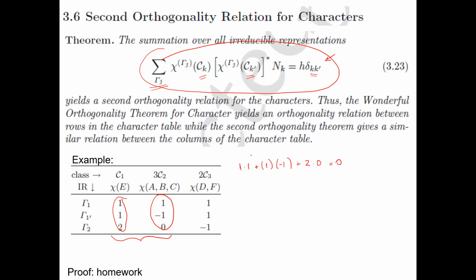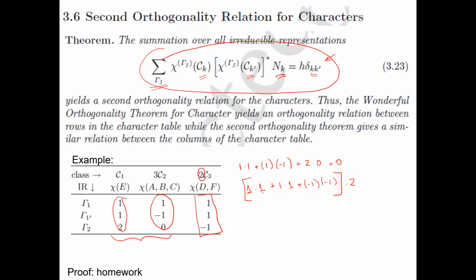Now let's show the normalization for the third class, the class C3. Let's take these numbers and use this relation and see that the result is going to be equal to h. So this is 1 times 1 plus 1 times 1 plus minus 1 times minus 1, and this is multiplied by nk, the number of elements in each class, which in this case is 2.